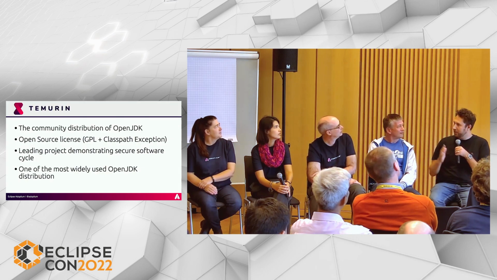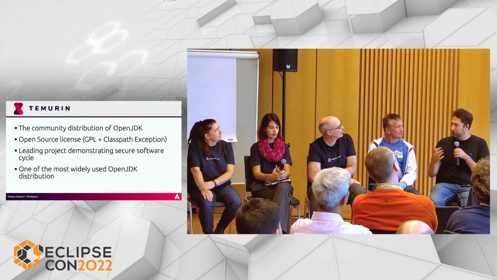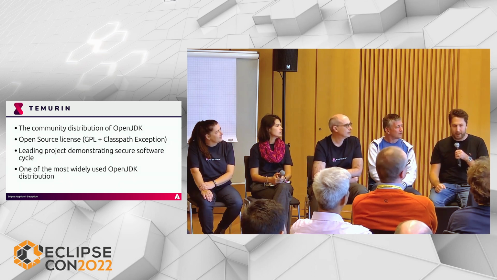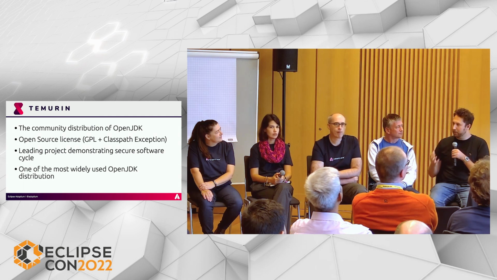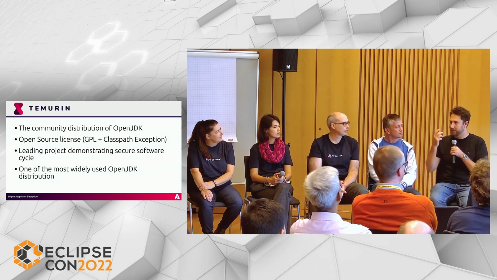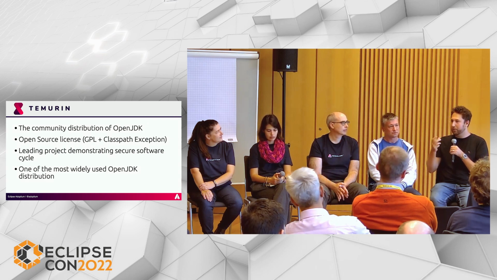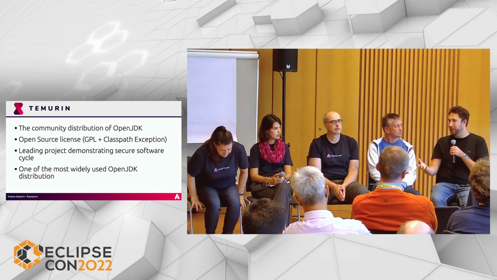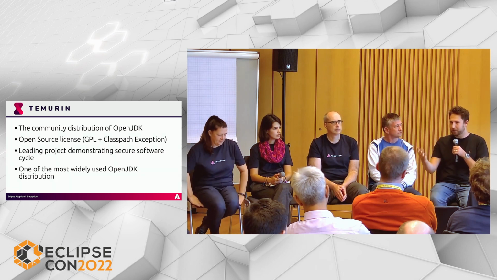Eclipse Temurin, for those that aren't familiar, is one of the larger projects under the Adoptium umbrella. It's certainly not the only one, and we'll explain that. But Eclipse Temurin provides the equivalent of what people used to think of as AdoptOpenJDK. It's the open source, vendor neutral implementation of OpenJDK as a binary form, so you can download it on your systems.